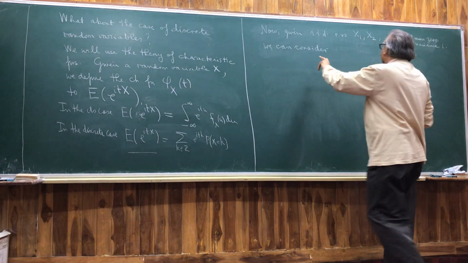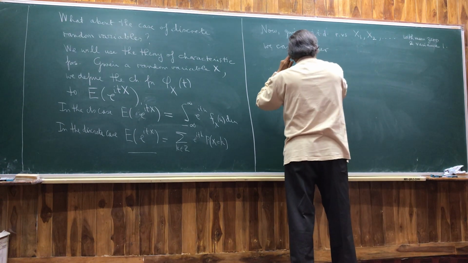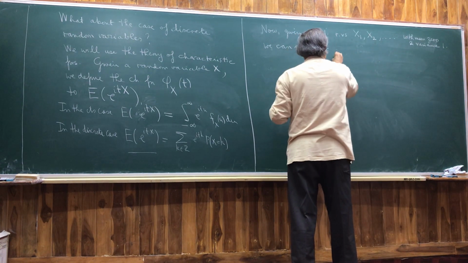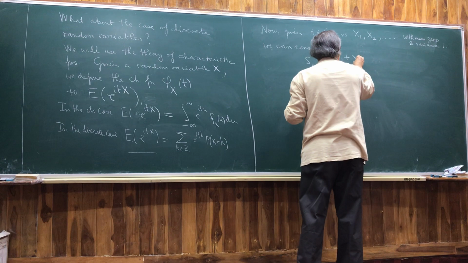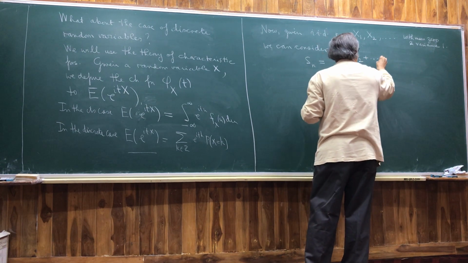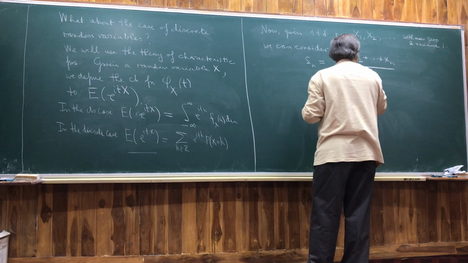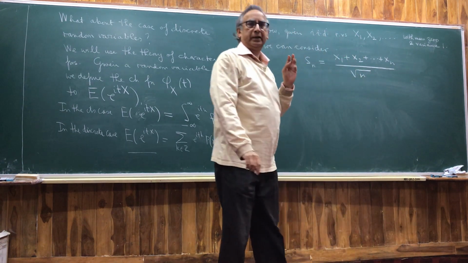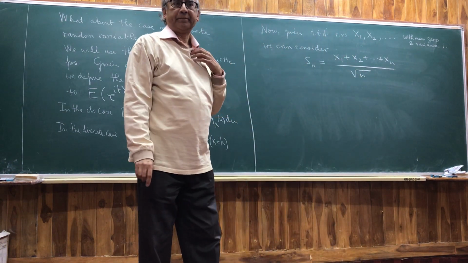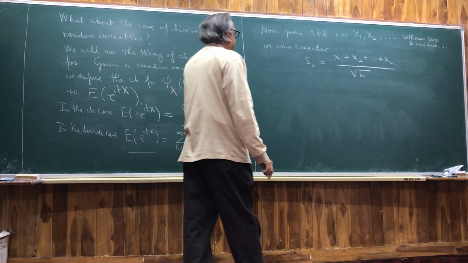So we can consider Sn, which would be x1 plus x2 plus up to xn divided by square root of n, like we did last time.